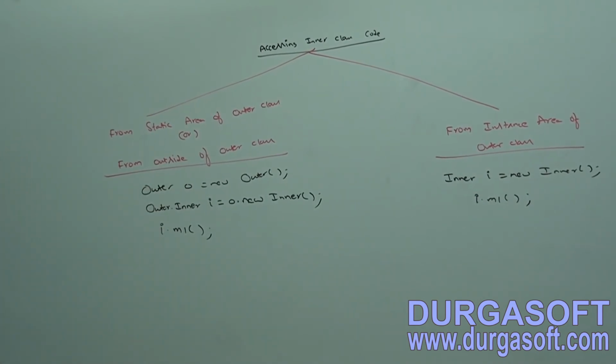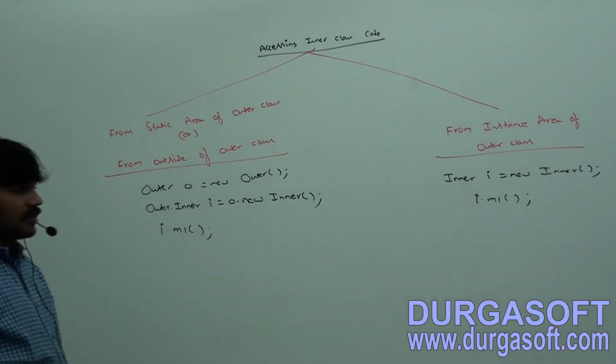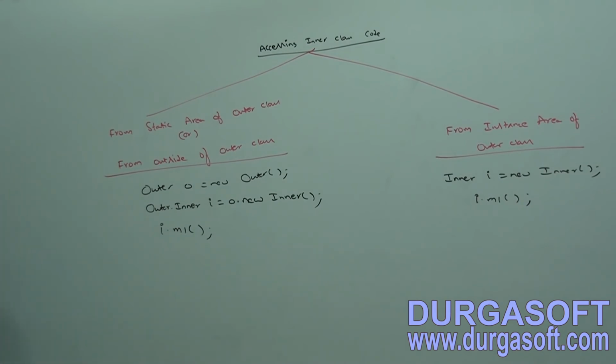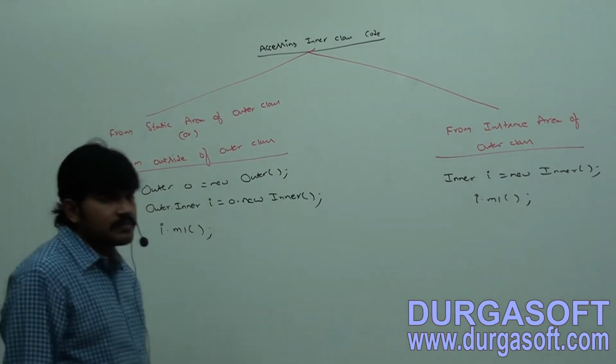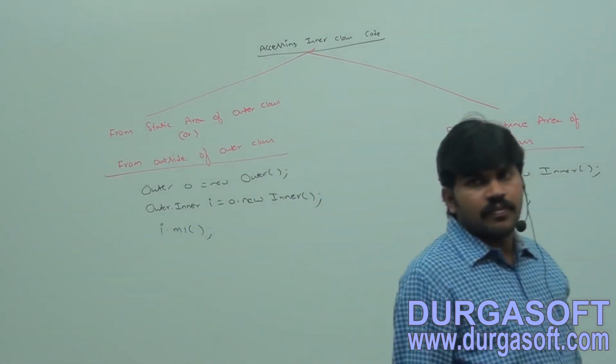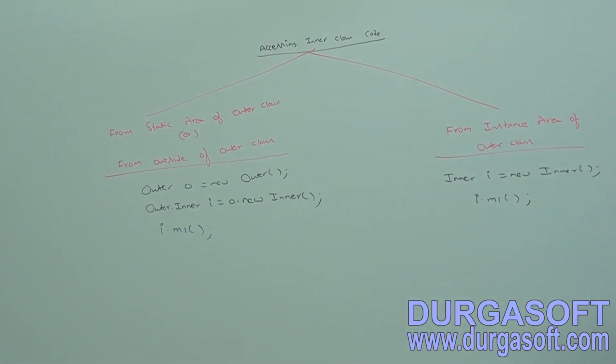So just as a summary: case 1, case 2, case 3. Accessing inner class code from the static area of the outer class or from outside of the outer class. Next, from the instance area of the outer class.